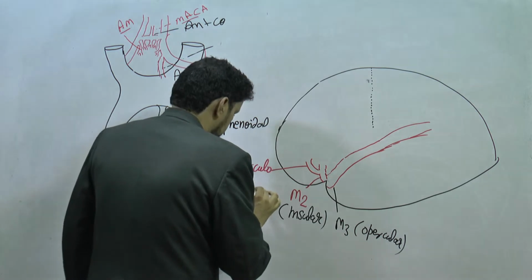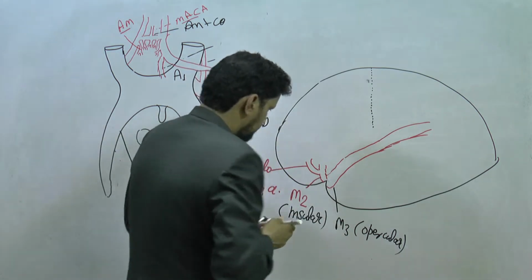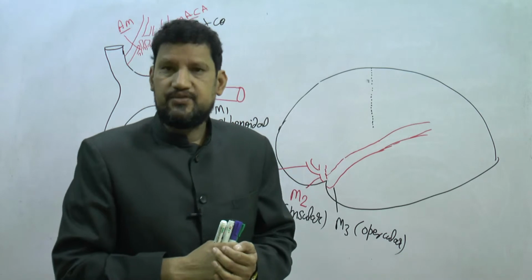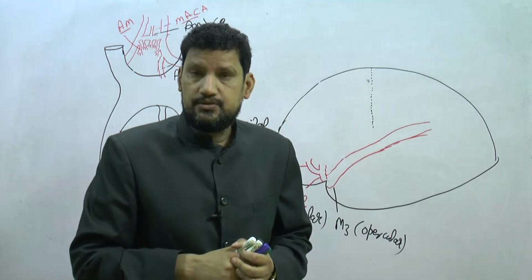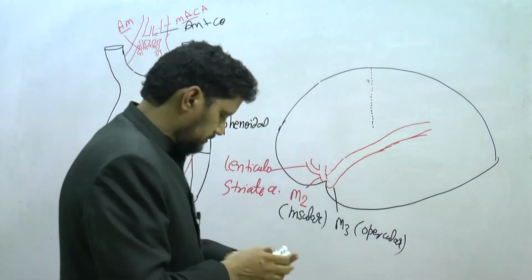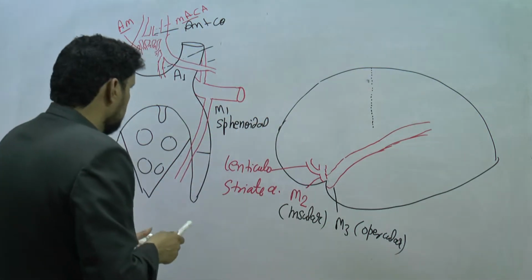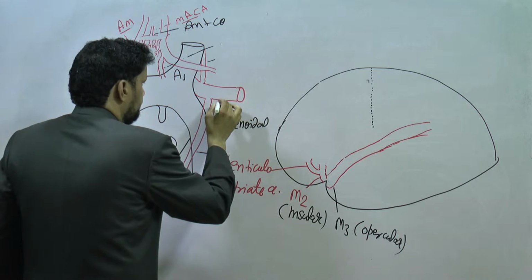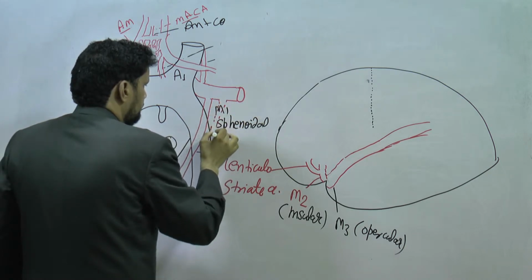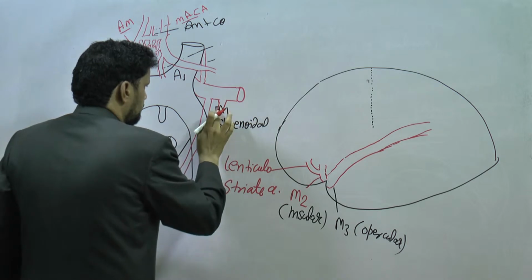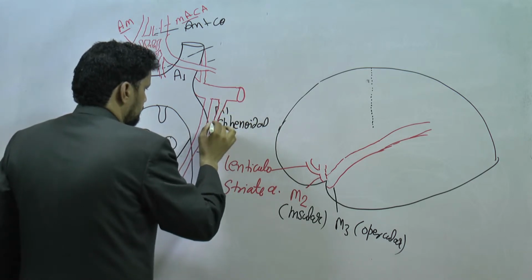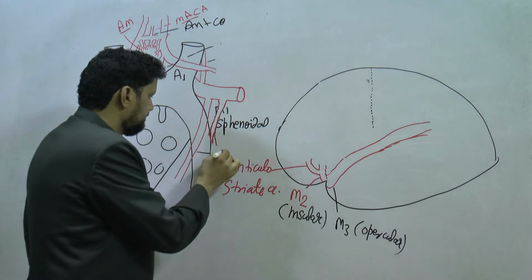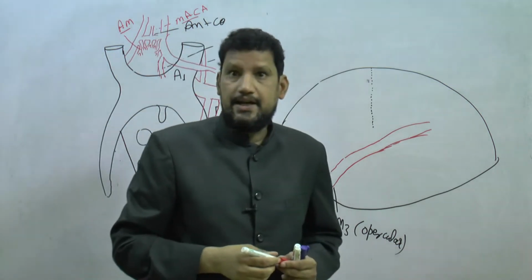This artery is running backwards and laterally in the area of the external capsule and claustrum, dividing into medial and lateral branches.